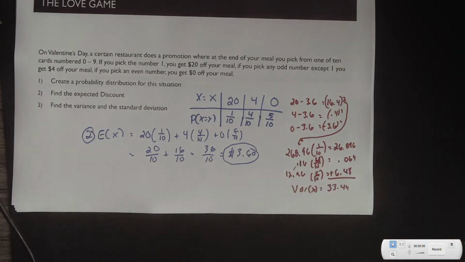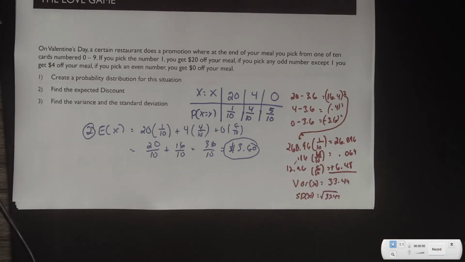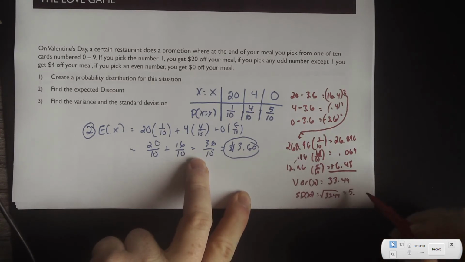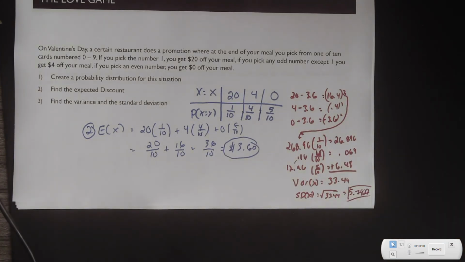And then the standard deviation, I'm just going to square root it. So 5.7827. Okay.